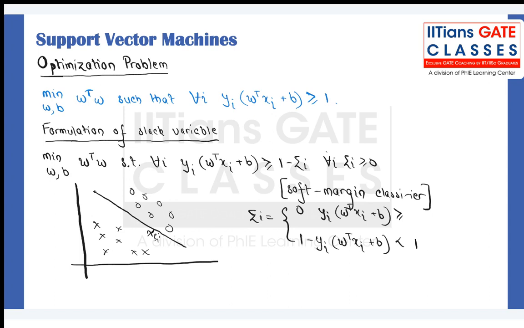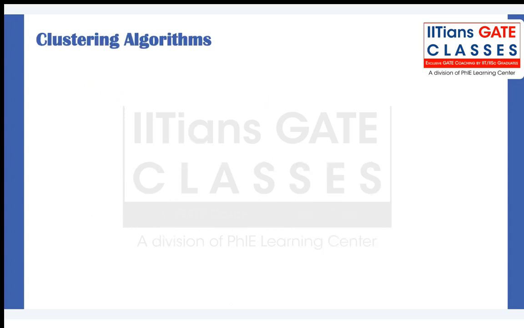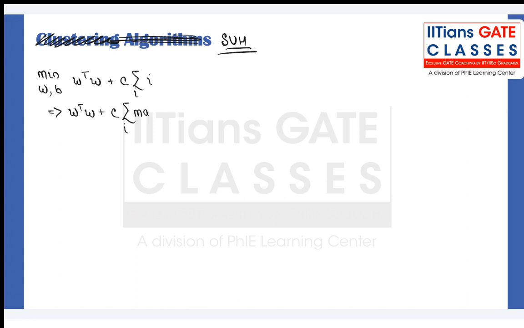And my objective in this sense, I will take this as SVM only, is nothing but my objective is now changed to the minimum over W comma b of W transpose W plus C times psi, which is also nothing but W transpose W plus C times max of (1 minus yi times (W transpose xi plus b), 0).